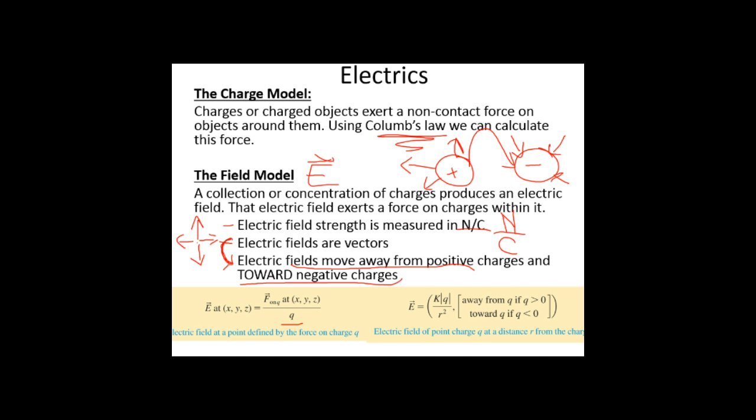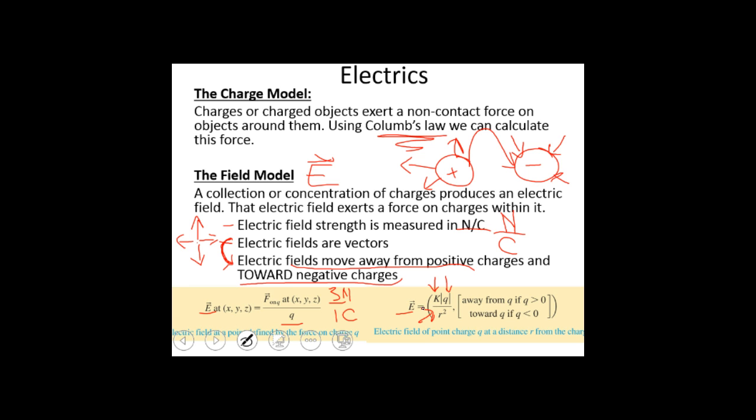So if I have like a +1 Coulomb charge that has a force of 3 newtons on it, then I would talk about the electric field being 3 newtons per Coulomb. If I don't have that information, I can also think of it as the electrostatic constant. It's kind of this abbreviated version of Coulomb's law. The electrostatic constant, the absolute value of that charge, and the distance away from it.